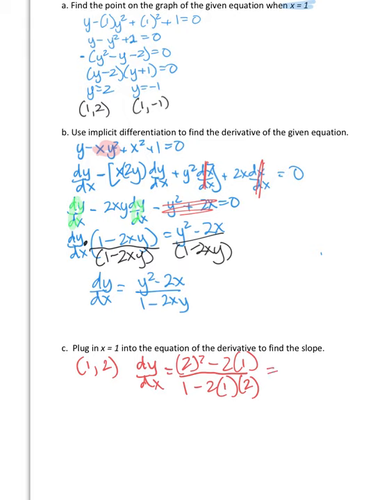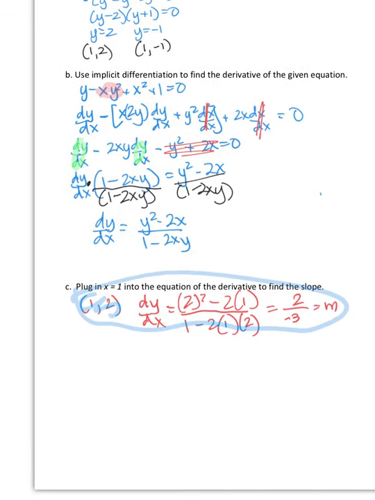What do we end up with? 4 minus 2, we get a 2. 1 minus 4, we get a negative 3. So that is our slope for the point 1, 2.